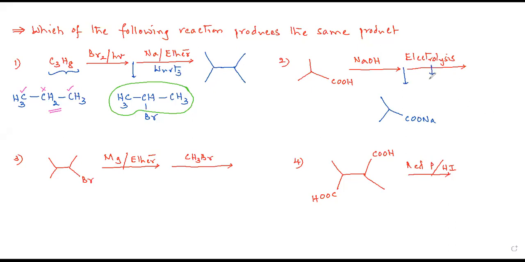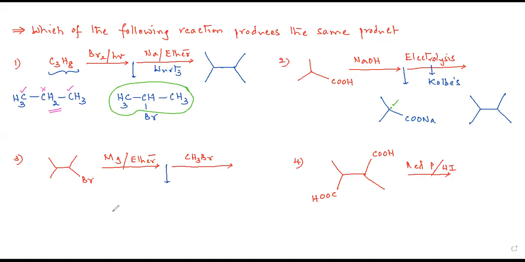Now this on Kolbe electrolysis, which goes via a free radical mechanism, we get a free radical over here. Hope you know this. On electrolysis, two such things dimerize and give you this product.